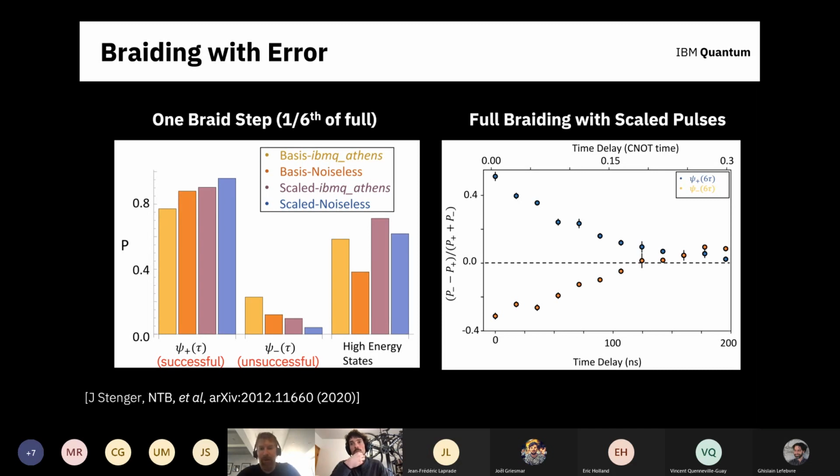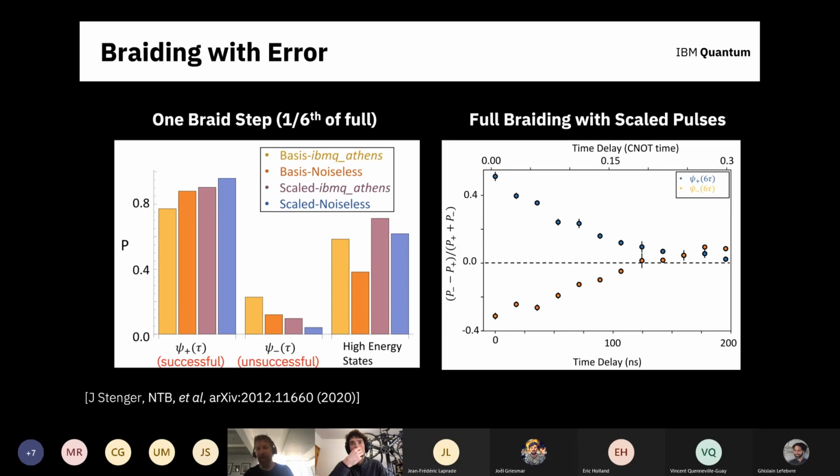What we did here was we wanted to mimic the effect of the full C knots on the simulation. So we just added time delays on either side of the entanglers. And we can specify that at the bottom in terms of nanoseconds, or on the top in terms of a fraction of a C naught time. And what we can see is we're essentially artificially adding incoherent error to the system.